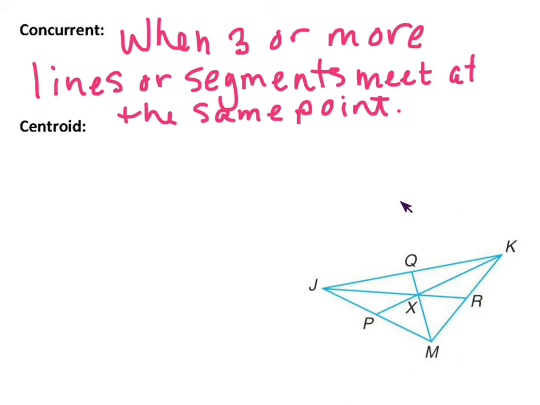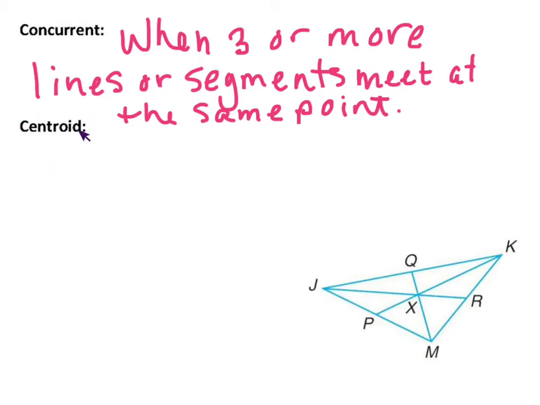So let's look at this diagram right here to better understand what concurrent means. So in this diagram, we would say that segment JR, segment KP, and segment QM are concurrent at point X.